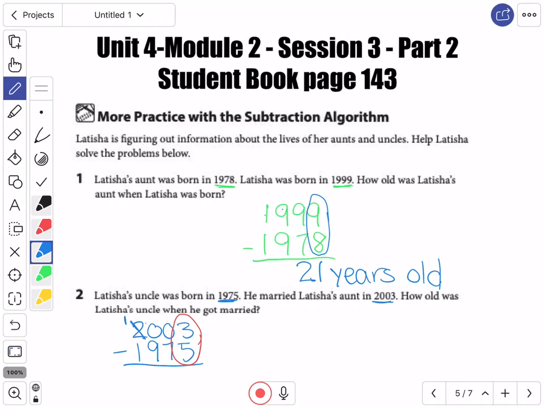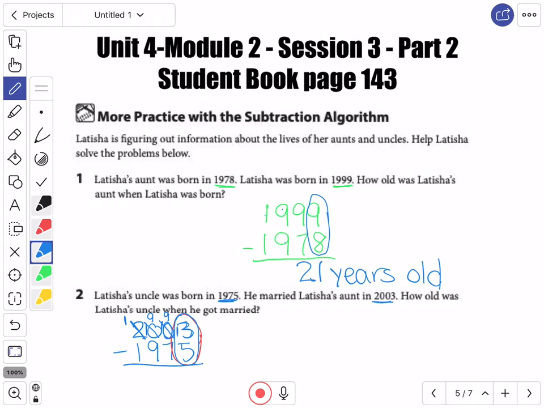So this 2 is now going to become a 1, right? Then this 0 is going to become a 10. I still don't have enough to take 5 from 3, so this 10 is now going to become a 9, whereas this can become a 10, all right? So now I will be allowed to go next door and get 10 more. So once again, I am going to regroup, and this 10 is now going to become a 9, and this 3 is going to become a 13.